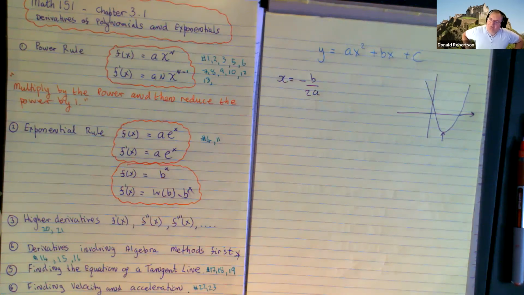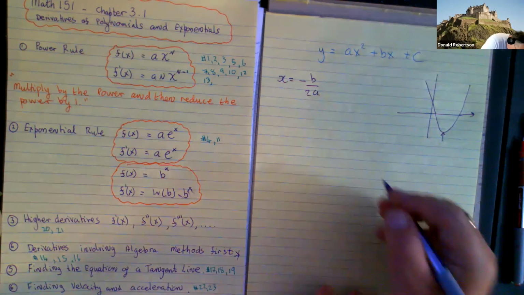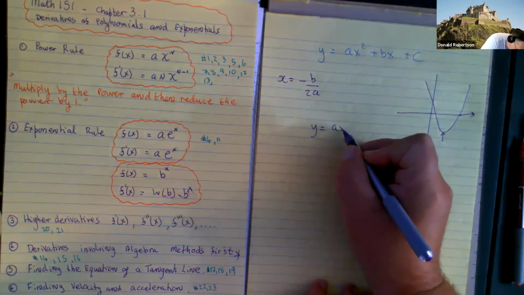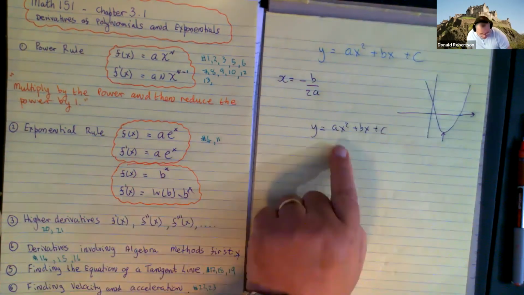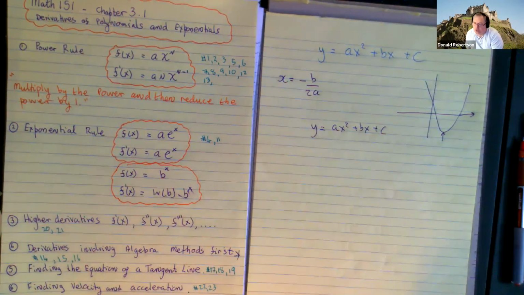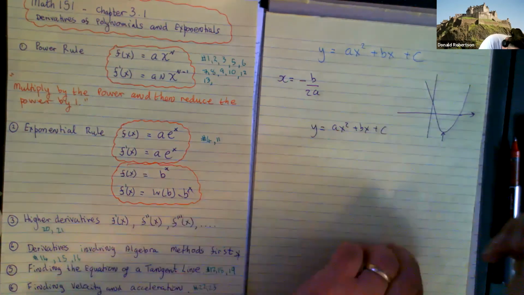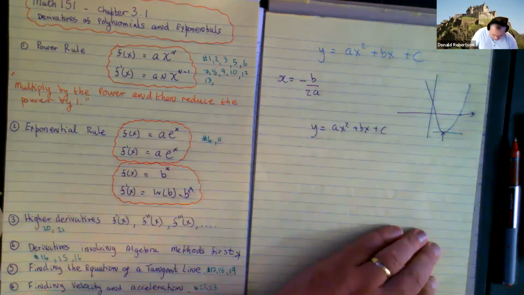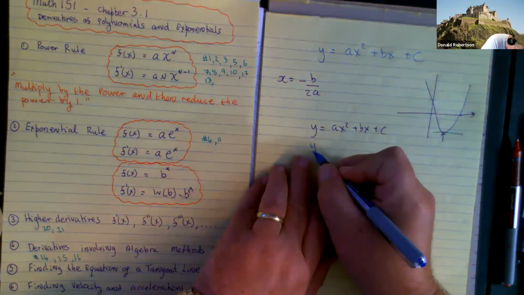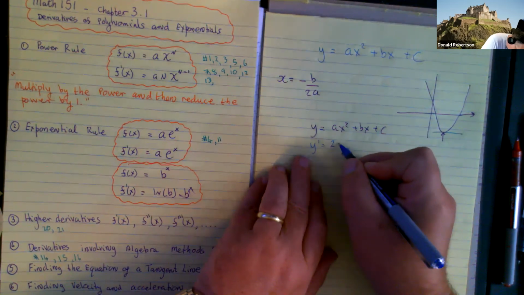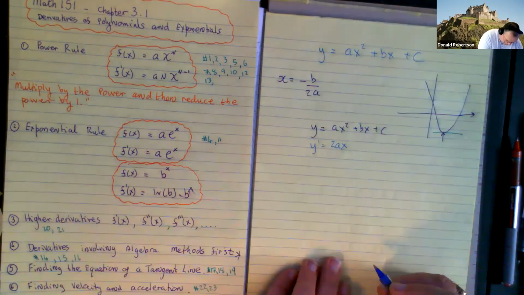Let's use calculus. I'm going to start with the fact that every quadratic in the world can be written like that, because a, b, and c are constants. They're just numbers like 42. Treat them like 42. Would you agree that at the vertex the tangent line is 0? So if I differentiate this, I multiply by the power and reduce the power by 1.